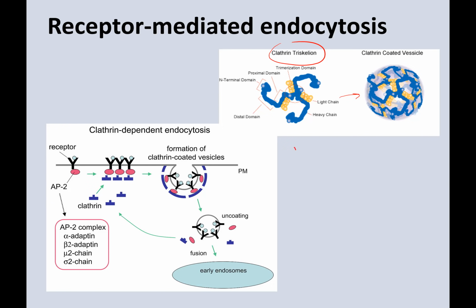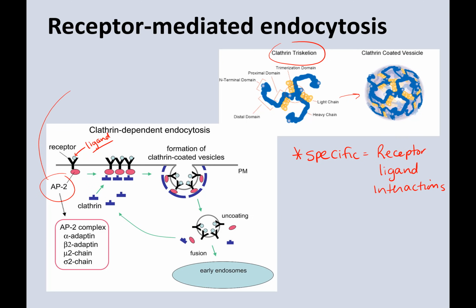So this is specific endocytosis because it uses receptor-ligand interactions. So this little blue molecule is called the ligand, and it's whatever can specifically bind the receptor. What's important with clathrin is you also have adapter proteins, and this gives it a level of specificity.